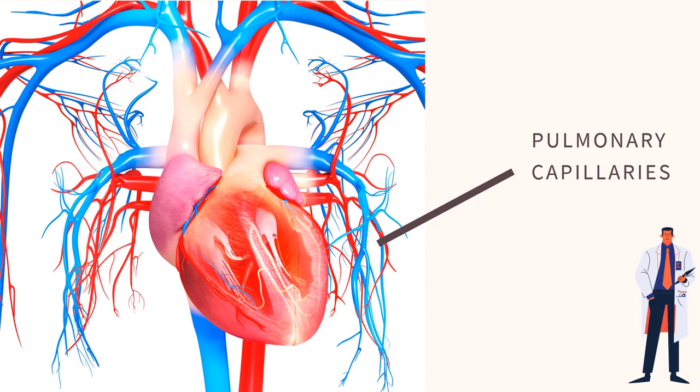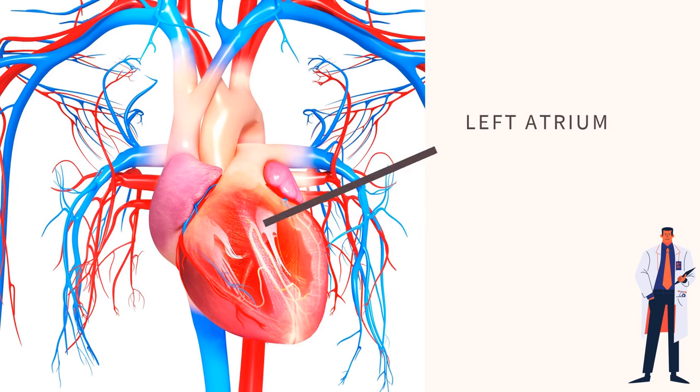Gas exchange occurs in pulmonary capillaries, and blood high in oxygen and low in carbon dioxide is returned to the left atrium. From here, blood enters the left ventricle, which pumps it into the systemic circuit.